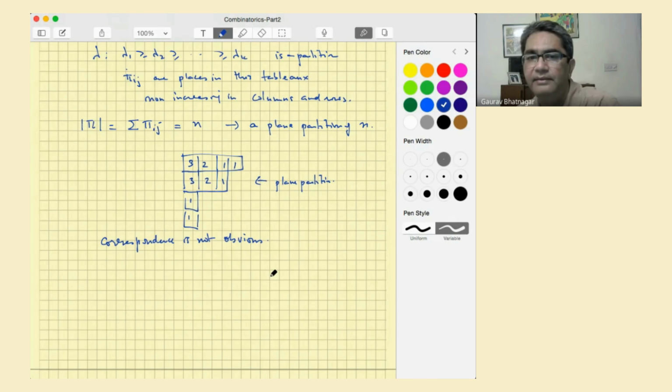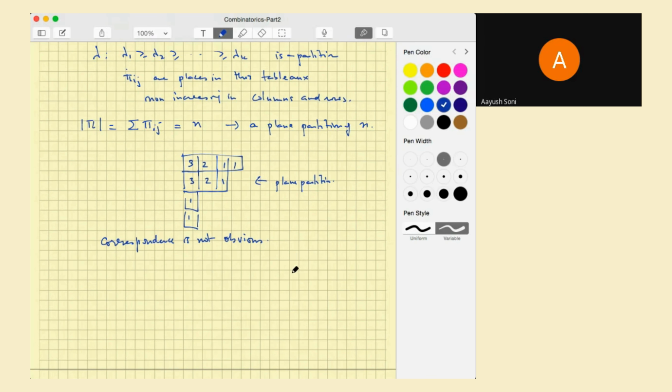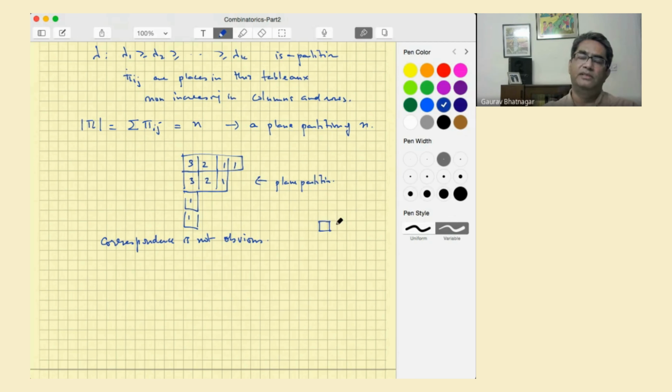Professor, essentially what we are doing is we are just filling the Young's diagram with numbers, right? Yes. In fact, you can think of it as boxes. I'm not very good at making pictures, but you can think of boxes. These could be three in number, and so they're solid partitions.